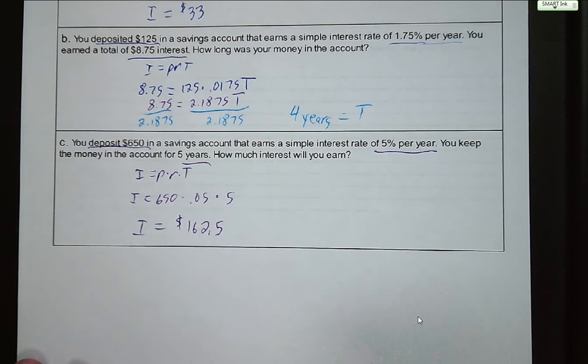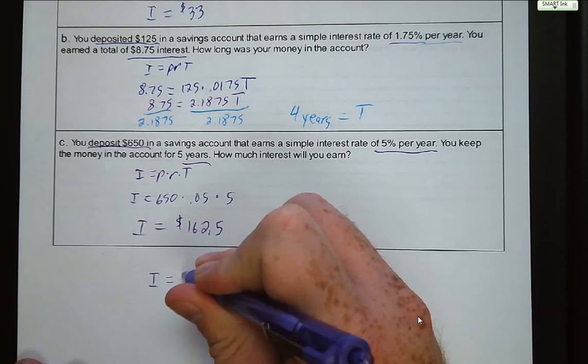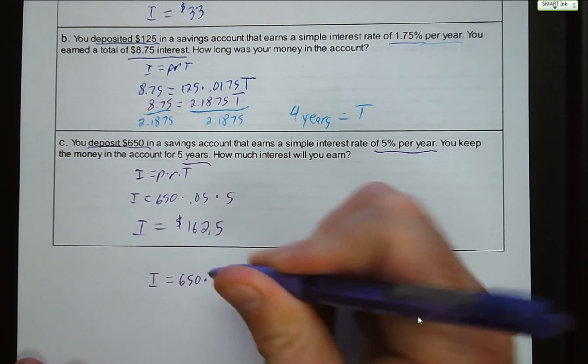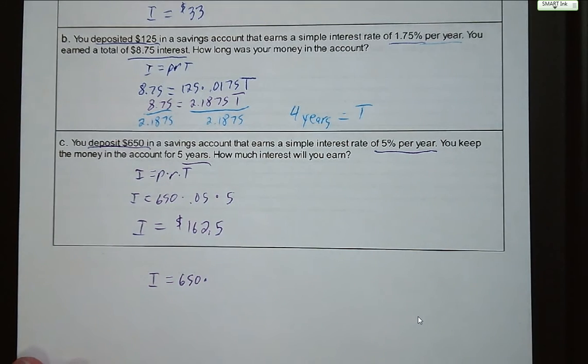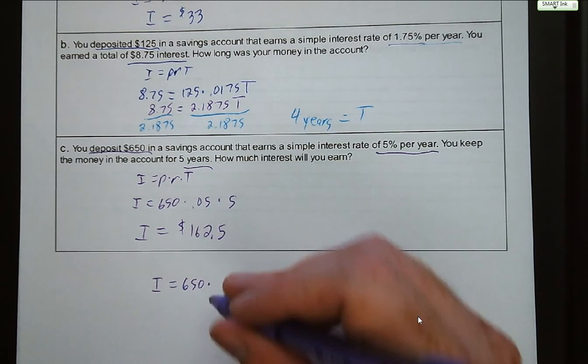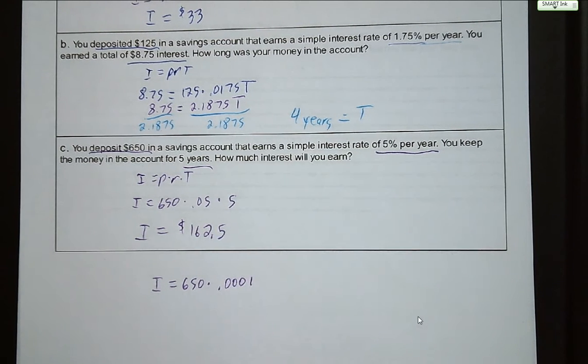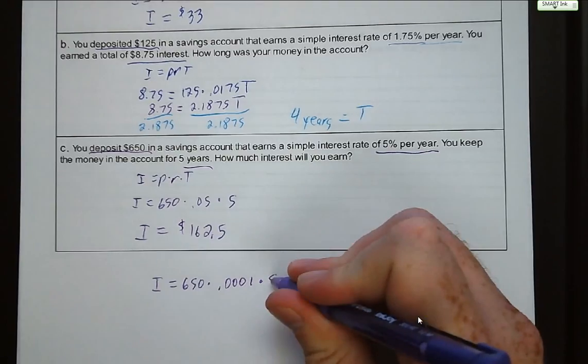Why don't we just add a problem on the bottom here? Using this exact same setup, our interest is equal to $650 times, we're going to change our rate to what I said is the current rate in most savings accounts, which is 0.01%. So that'll be 0.0001 times the same 5 years.